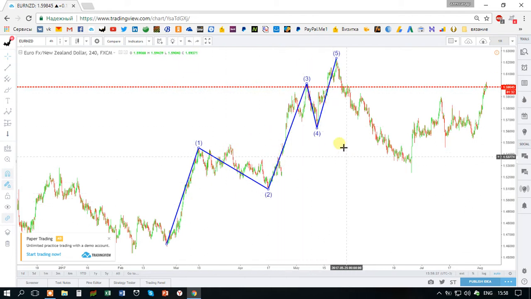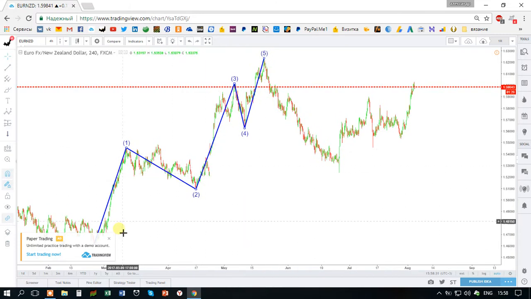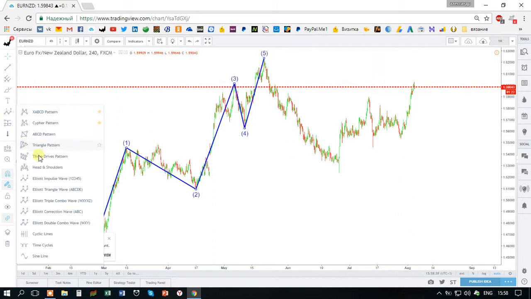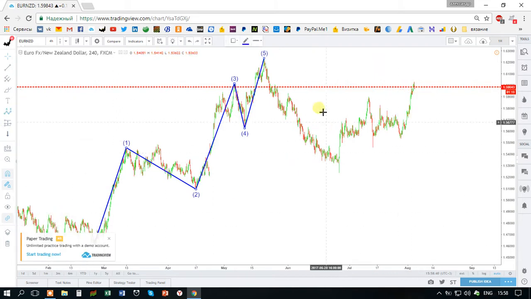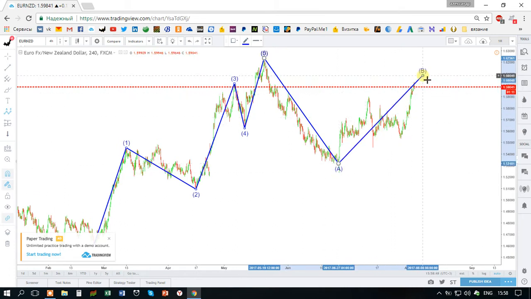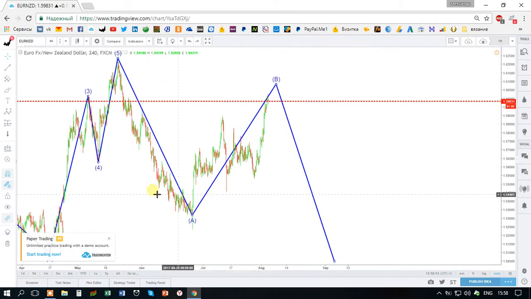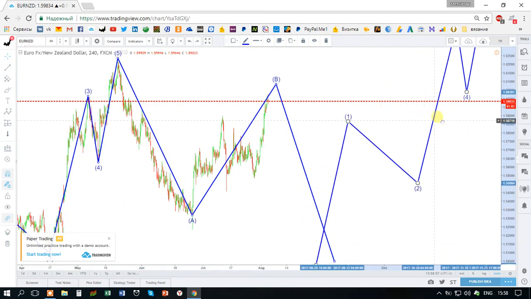After the impulse wave has ended, we typically have a corrective wave. As this wave is the first, this would be the second wave. Let me draw a corrective wave here. Wave A, wave B, maybe a bit further, and wave C. And after that, this impulse should be repeated.